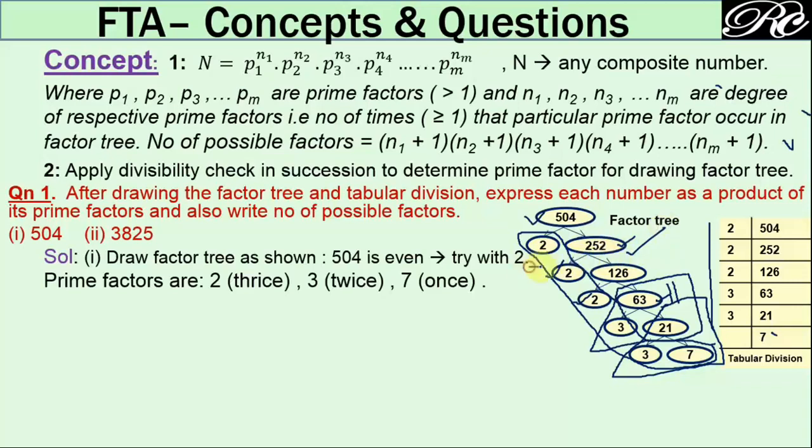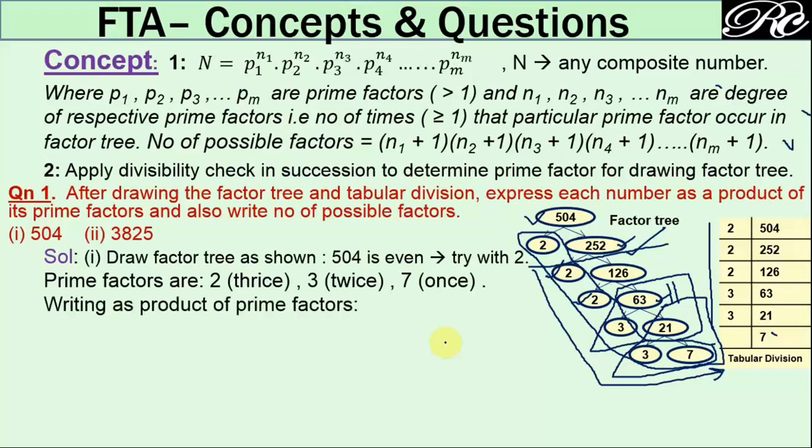For that we have to go for the prime factors below it. It is this one. So these are the prime factors: 2, 2, this 3, this 3 and this 7. Therefore the prime factors present are 2, 3 and 7. 2 is occurring thrice, 3 is occurring twice, 7 is occurring once.